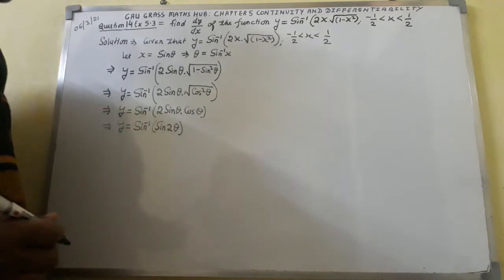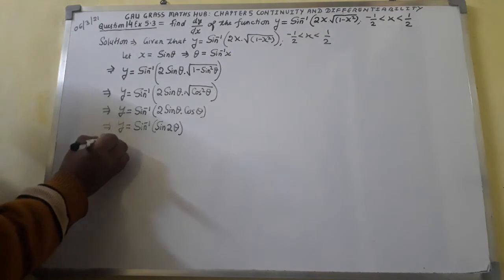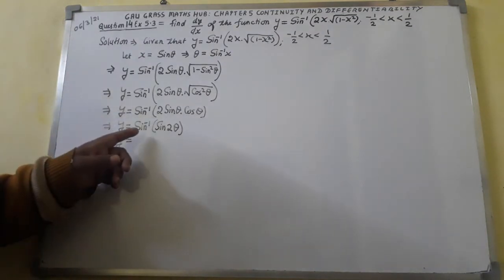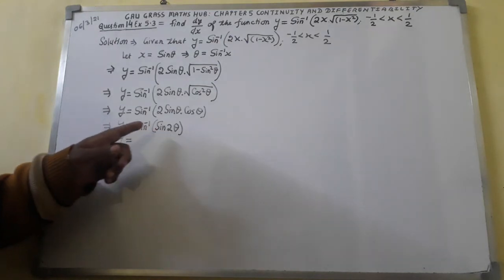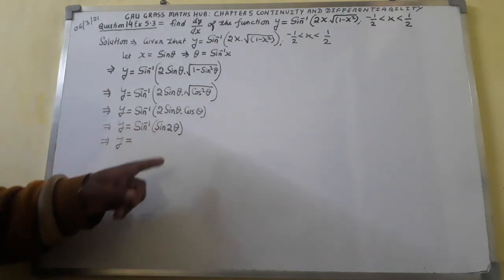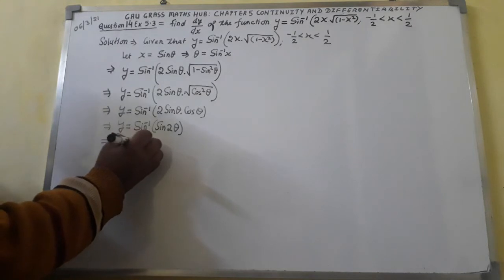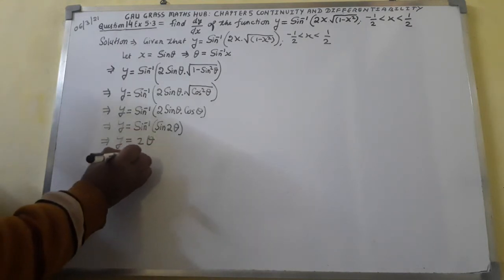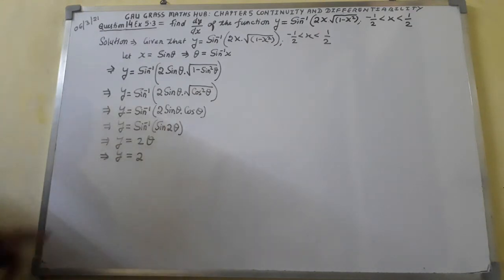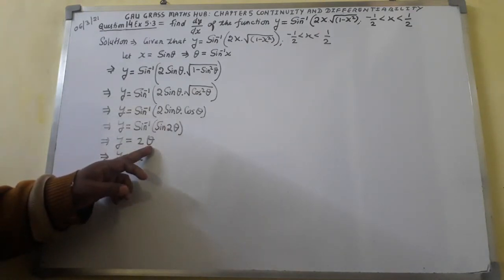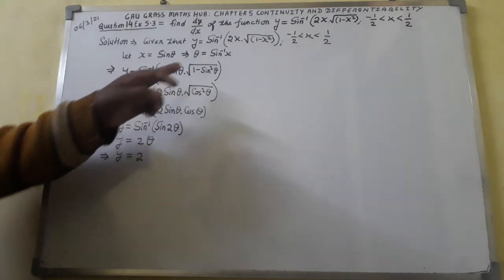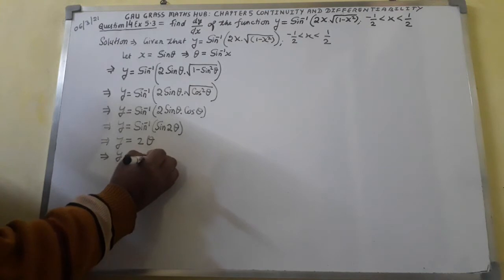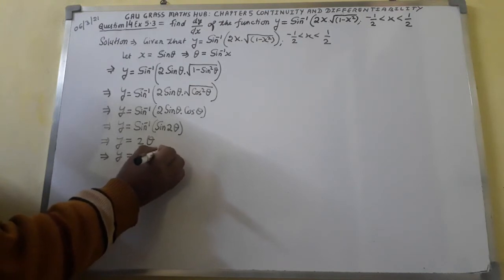Here sine inverse and sine cancel out, and we get only 2 theta. So you have got y is equal to 2, and in place of theta I shall write sine inverse x. So y equal to 2 sine inverse x.